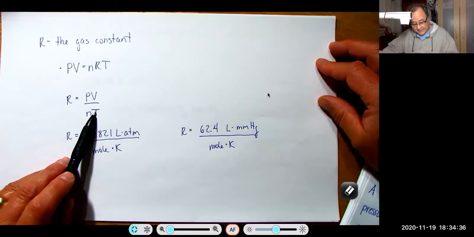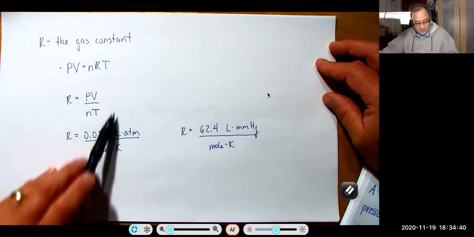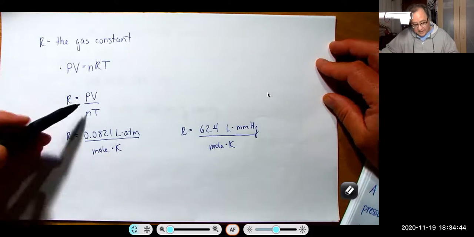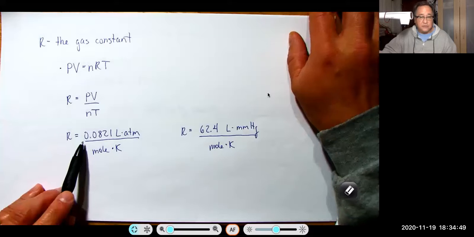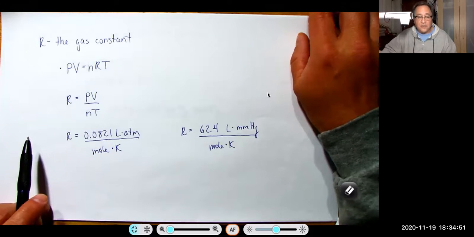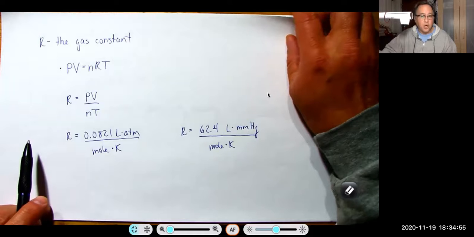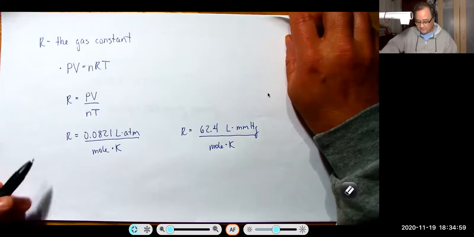And for T, it's K. So if we plug in a bunch of numbers here that are appropriate or related to one another for the gas constant, we would come to the conclusion that R is equal to 0.0821 liters atmospheres per mole per K. So you say per before everything that goes in the denominator.